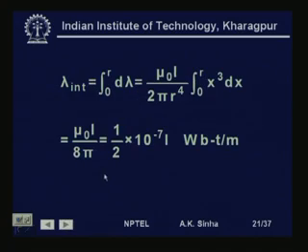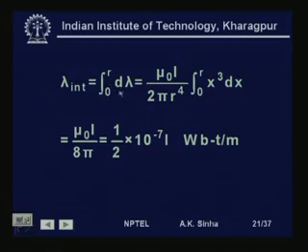Now, if we integrate from the center to the tip of the conductor, that is from 0 to r, this flux linkage in this strip, we will get the total internal flux linkage of the conductor for current flowing inside it, and this is equal to mu 0 I by twice pi r to the power 4 integral from 0 to r of x cube dx, which finally comes out to be half into 10 to the power minus 7 I Weber turns per meter.